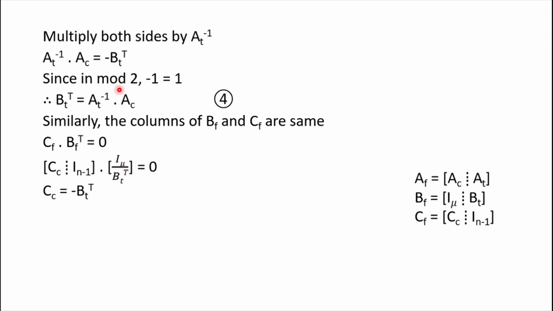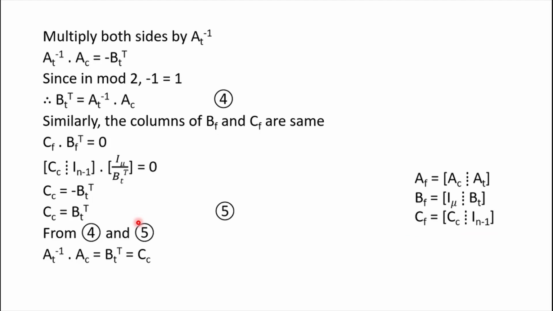Then again, applying mod 2, I know that minus 1 is equal to 1. Therefore, I get CC is equal to BT^T. So this is our equation number 5. Now from equations 4 and 5, we get that AT inverse·AC is equal to BT^T, which is equal to CC.